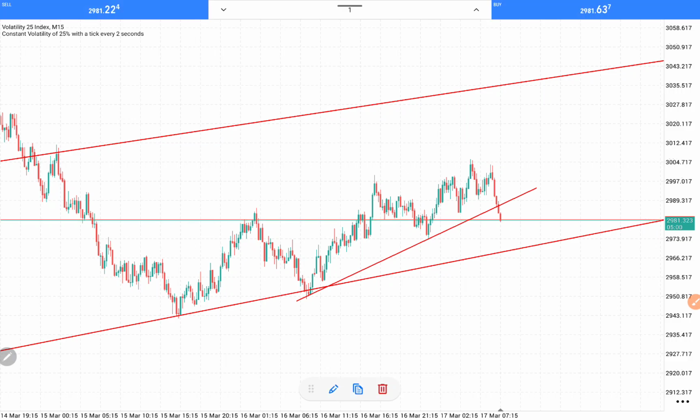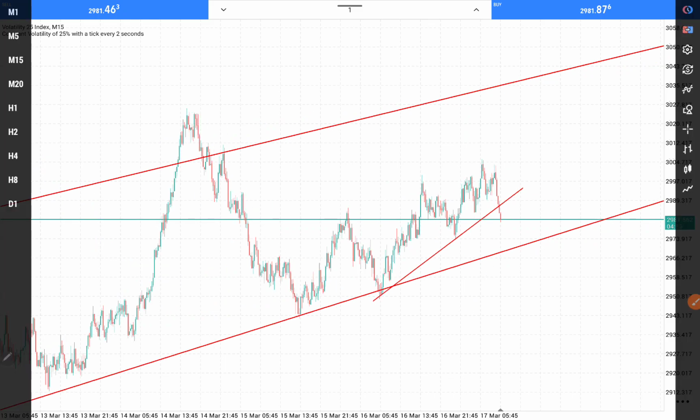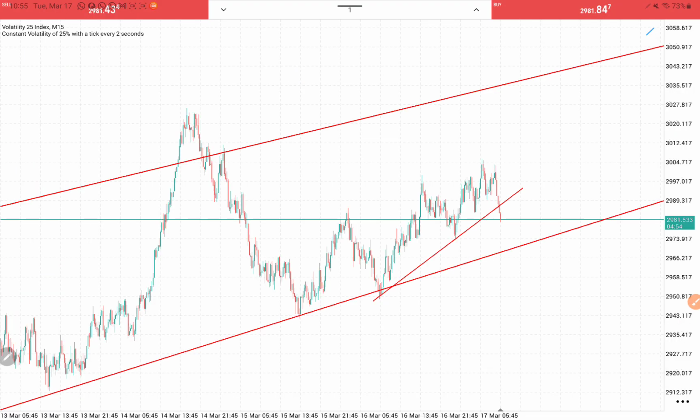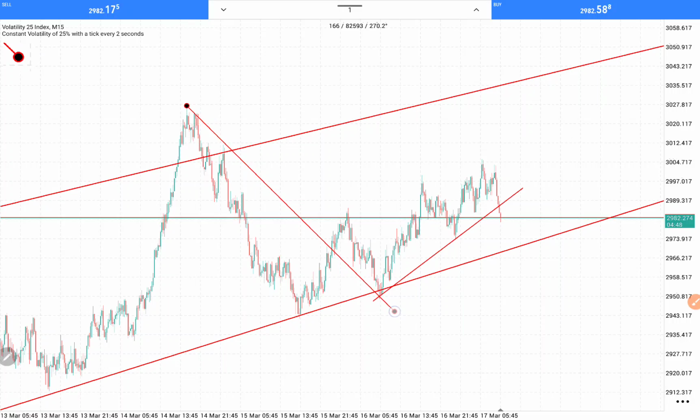So the market is on a downtrend. There's another one, this one, but this one is no more valid. From here to here.